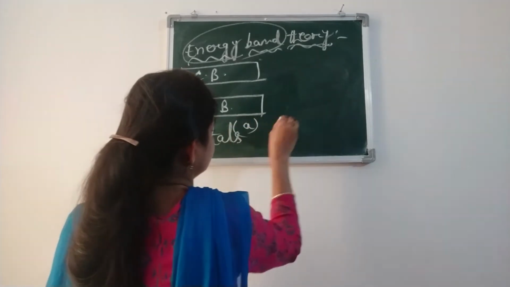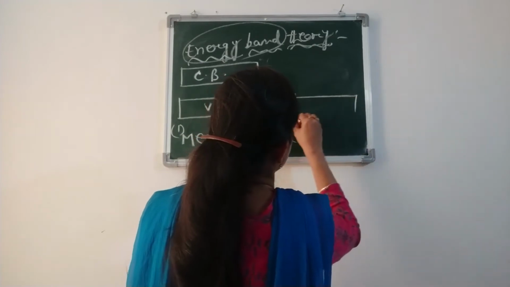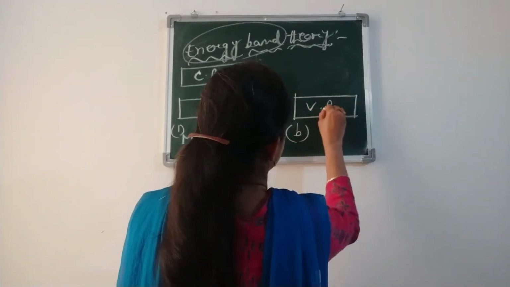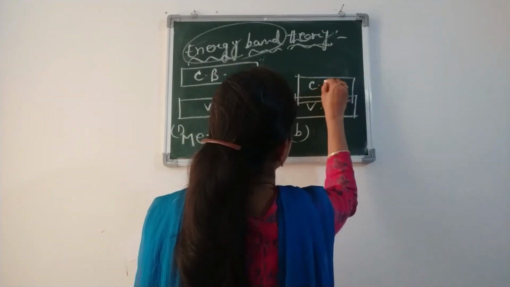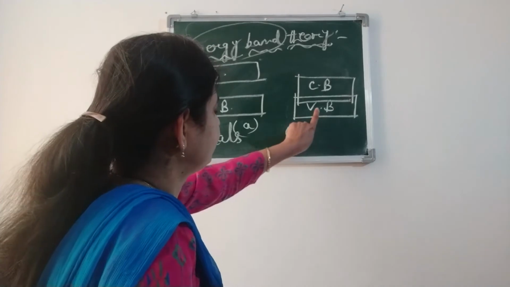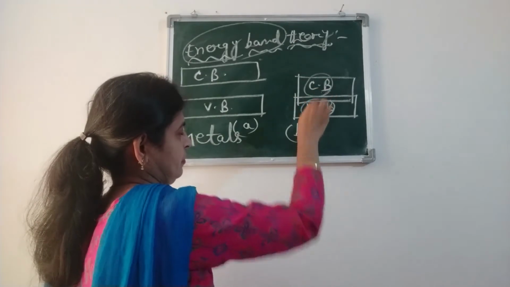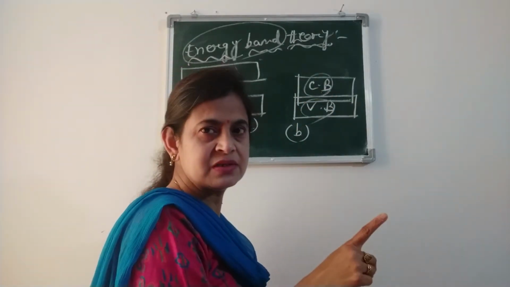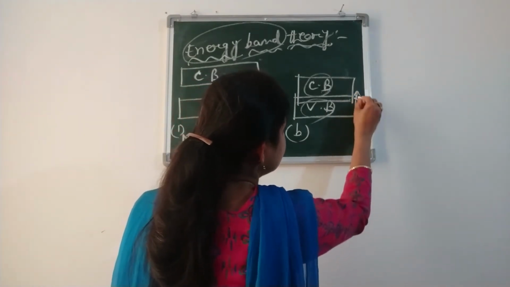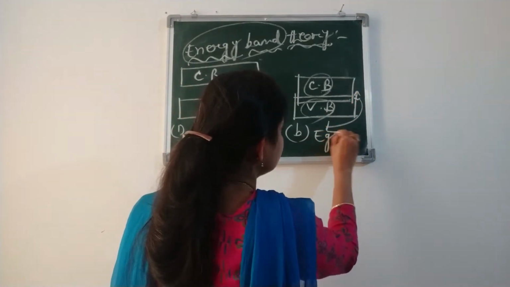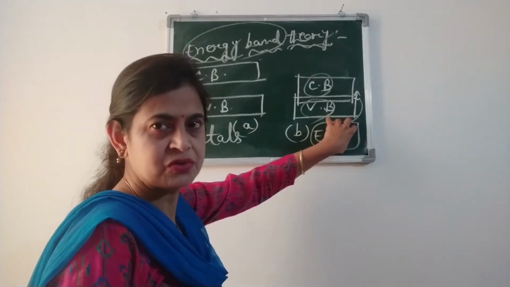But in metals, there are two possibilities. Here, the valence band and the conduction band overlap with each other, or we can say the forbidden energy gap is equal to 0.